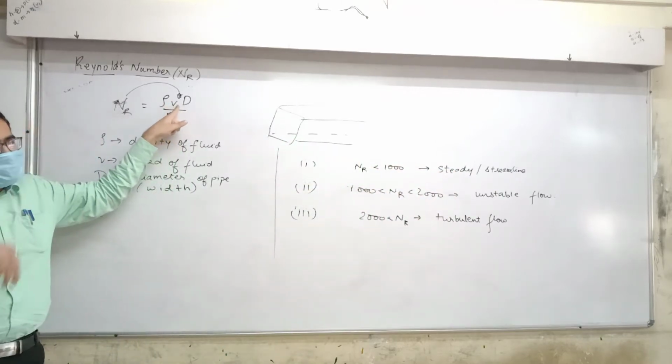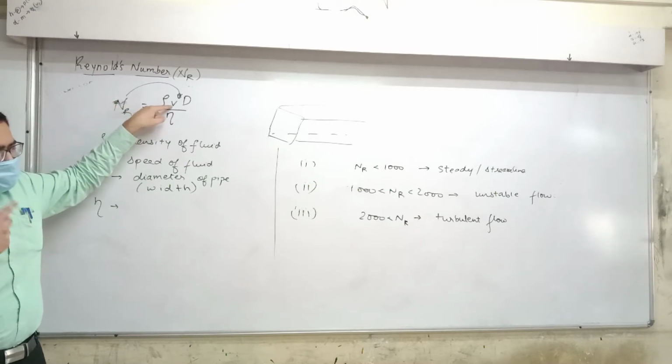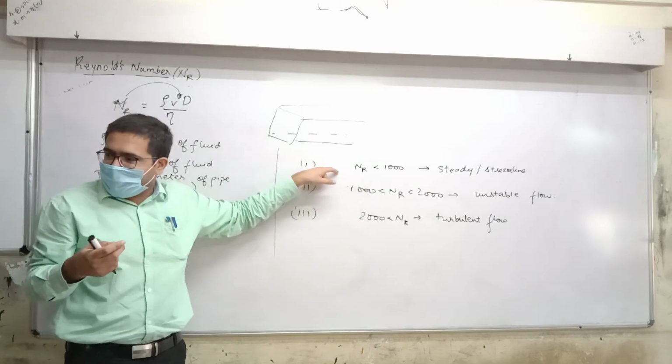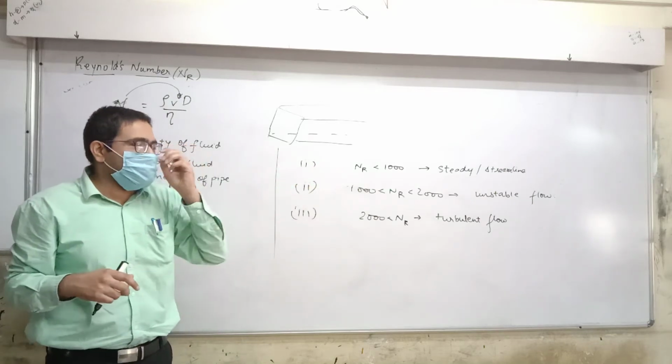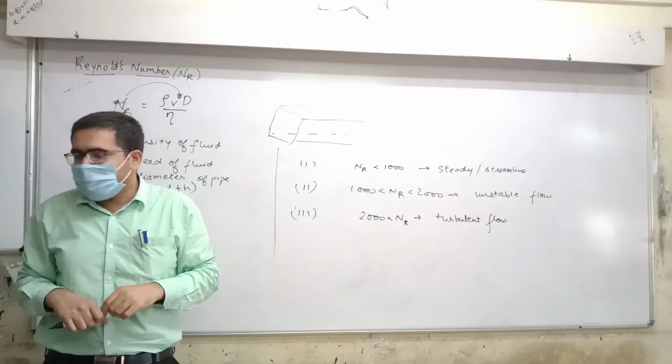If the value of V is less, N_R would also be less. Then as the value of V increases, N_R will also increase and the flow would start getting unstable and then finally turbulent for a very high value.